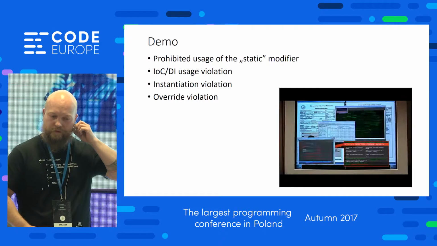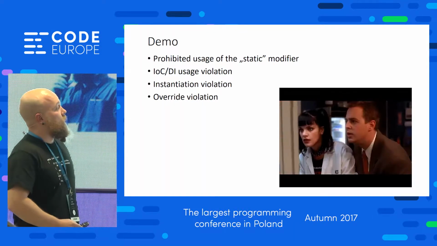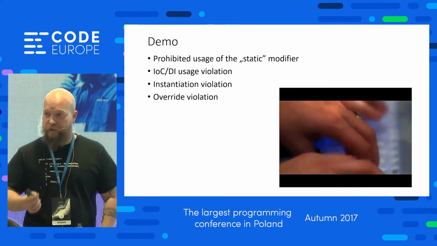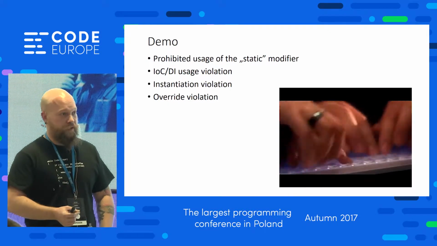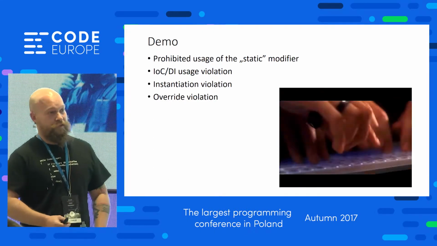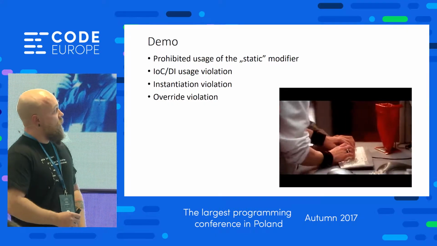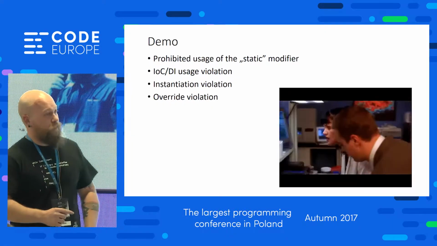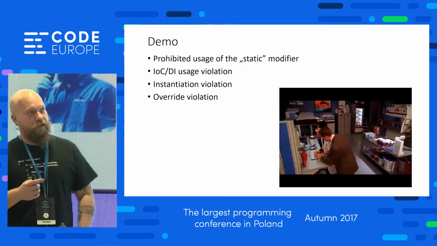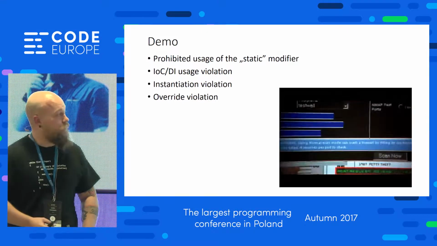Oh, sorry. Yeah. And I could then at first set it as a warning and then set it as an error, so developers wouldn't be able to implement static classes at all, with some exclusions, of course. Then there are violations of inversion of control frameworks. One of the violations is using a service locator.